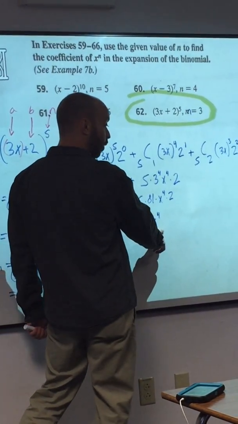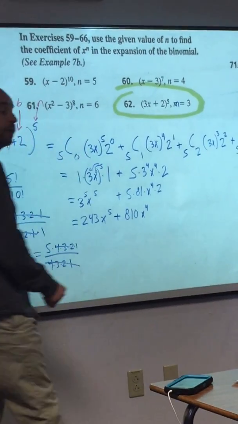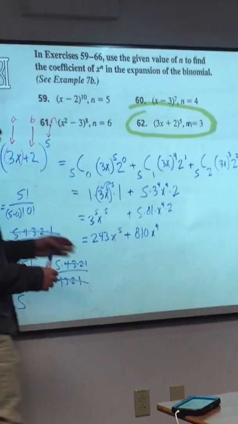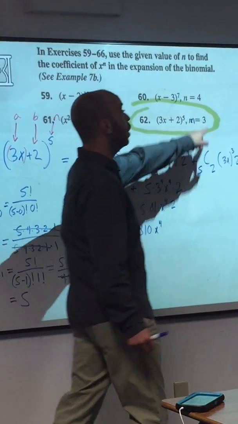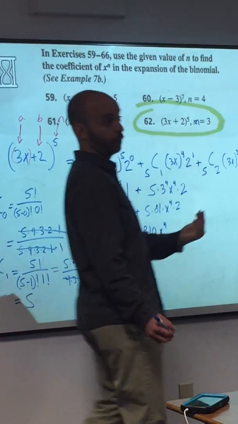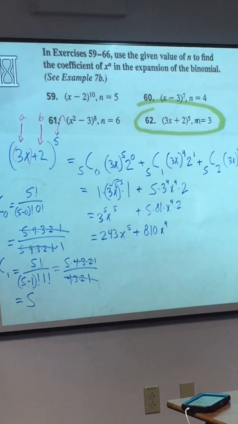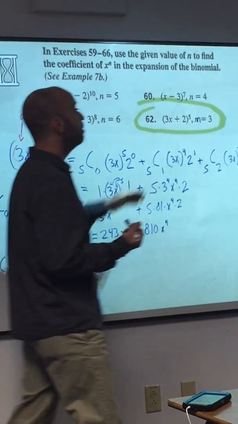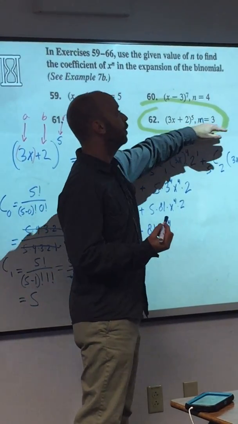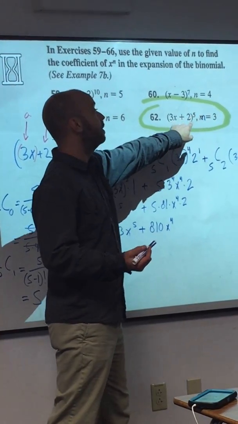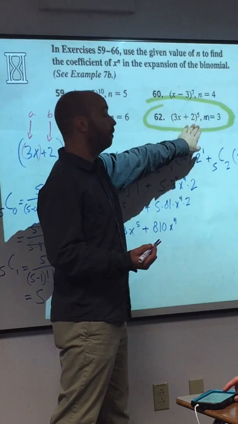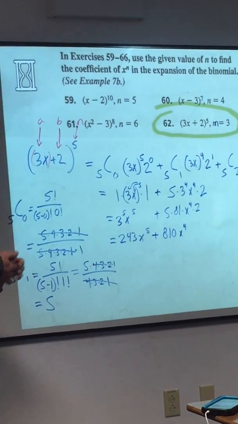When x has the 4th power, its coefficient is 810. This wants to know what is the number in front of x when the power on x is 3. So really, this is a confusing way of asking it, but it's asking you to tell me the coefficient of the 3rd term in the binomial expansion of this, which is to the 5th power.